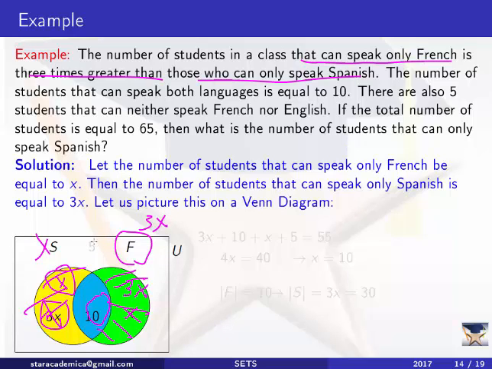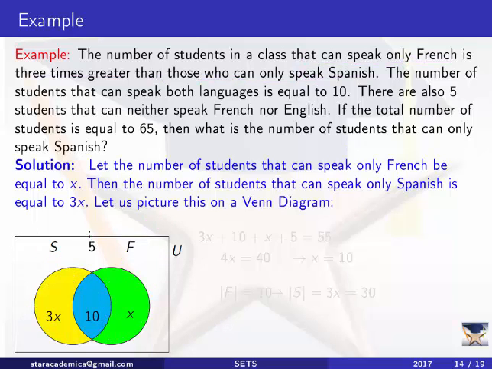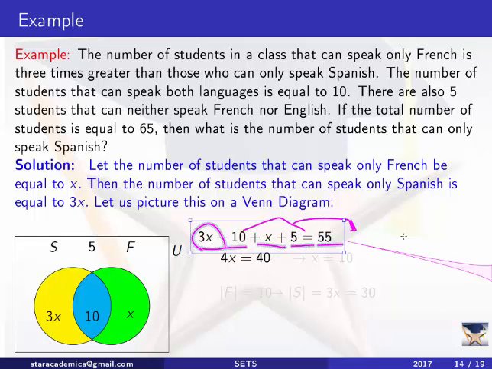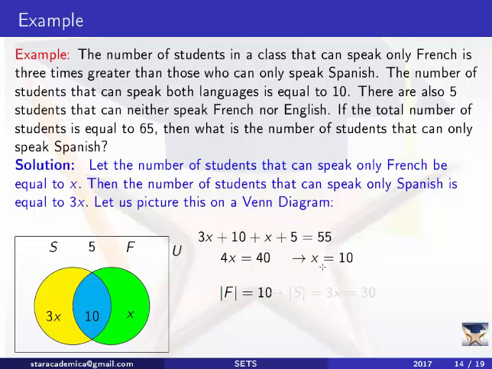Intersection is 10. Students outside, they are 5. And altogether, 3X plus 10 plus X plus 5 is equal to 65. So we have 10 and 5, we can move to this side. That's going to be 40. We have 3X plus X, that is 4X. So 4X is 40, X is 10.